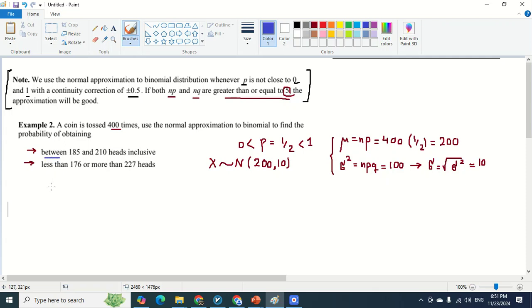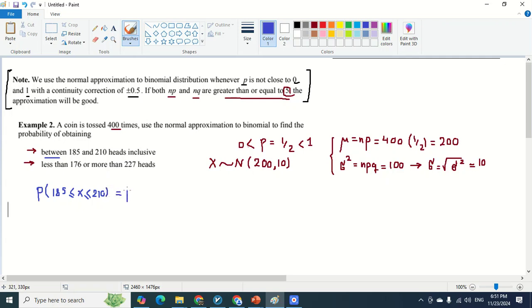We want to obtain the probability between 185 and 210 heads inclusive. So it means that we are looking for the probability that x is between 185 and 210. Because this distribution is discrete, the equality over there is important. You should put the equality.